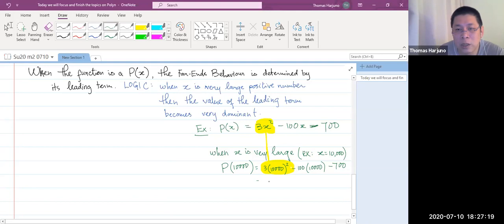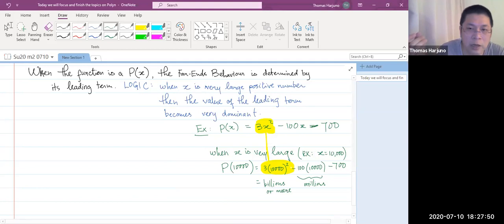You see that this part may be millions, but the leading term is already billions, or even more. If you already have hundreds of billions, and somebody says give me 1 million, you may just slap that person with that $1 million, and you even smile.